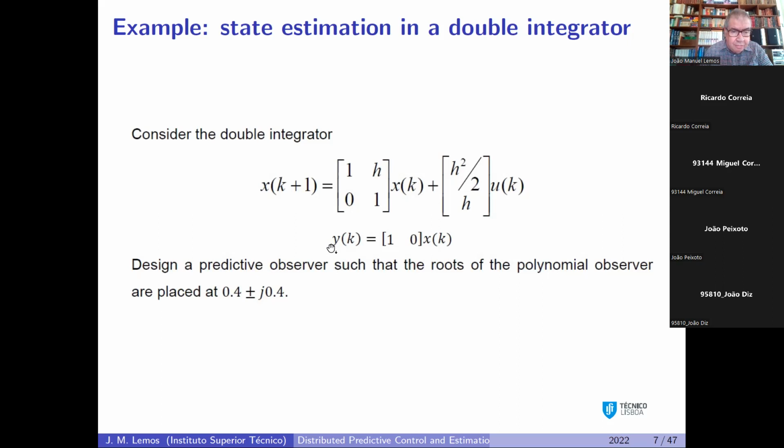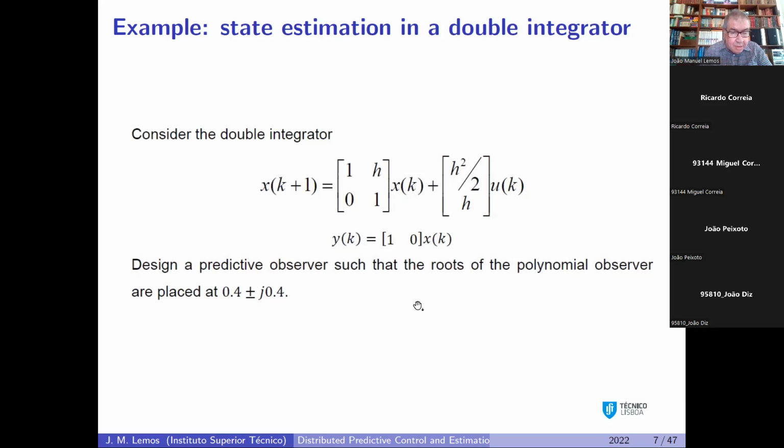And I observe the output that corresponds to the position, and I want to estimate the other component of the state, which is the velocity. So I want to estimate the state from observations of just the first component of the state. That's the meaning here. Y is 1 times x1 plus 0 times x2. So y is just x1. And I want also to estimate x2.